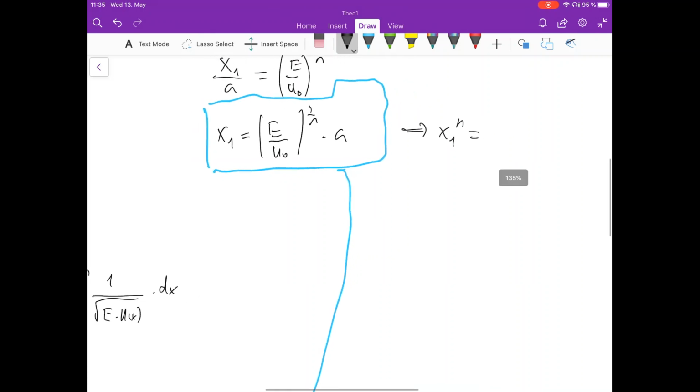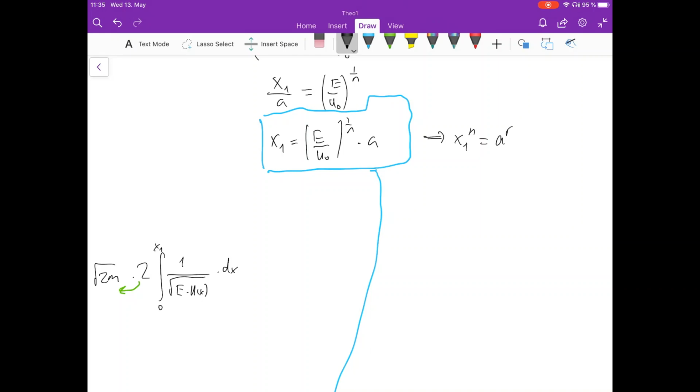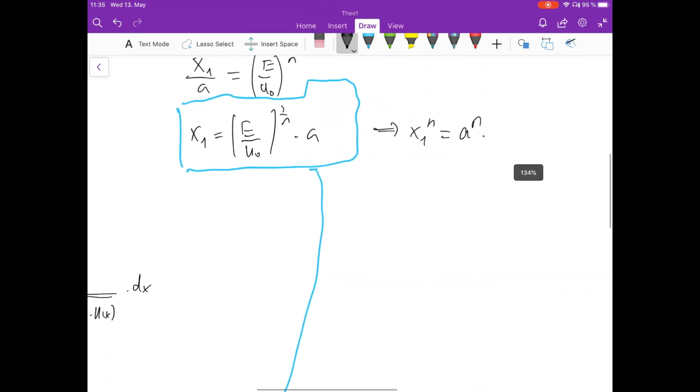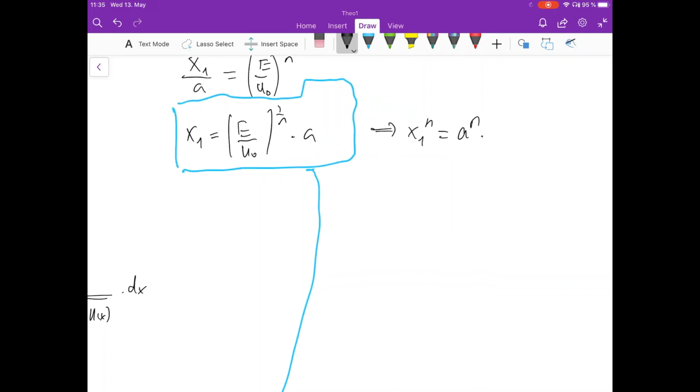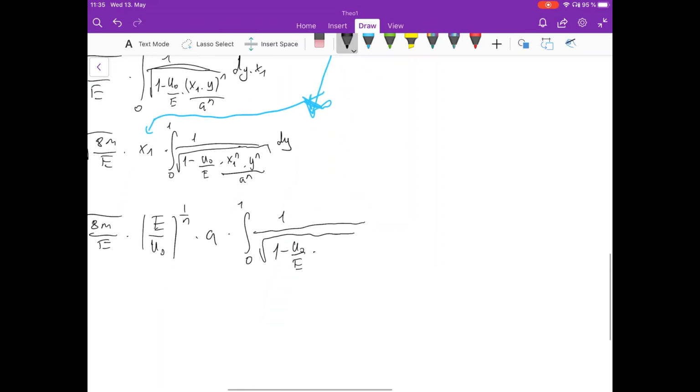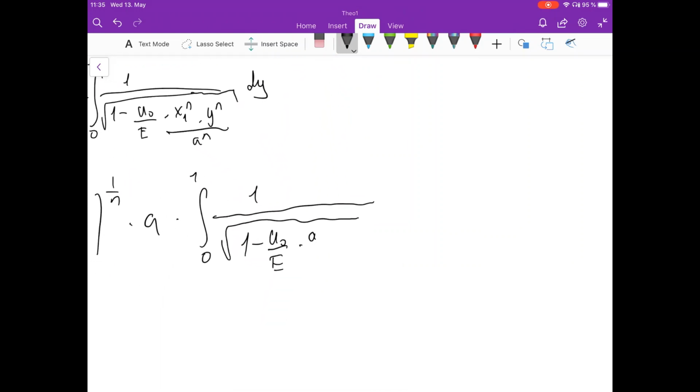So let's do that here. Therefore, x1 over a to the power n is going to be equal to a to the power n times E divided by u null, just multiplying n with 1 over n. So let's plug it in down here, times a to the power n times E divided by u null times y to the power n divided by a to the power n.